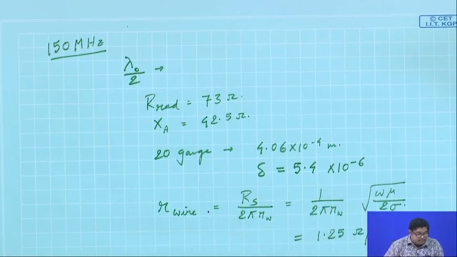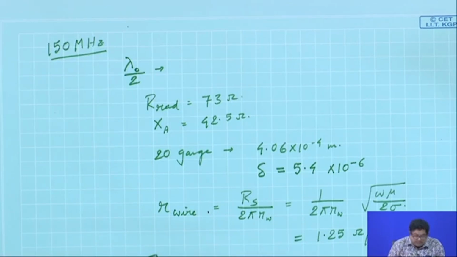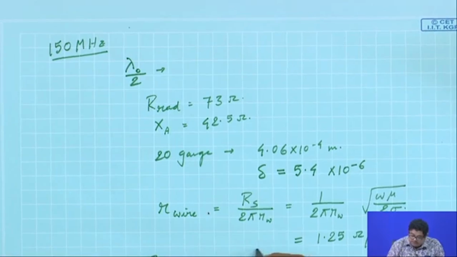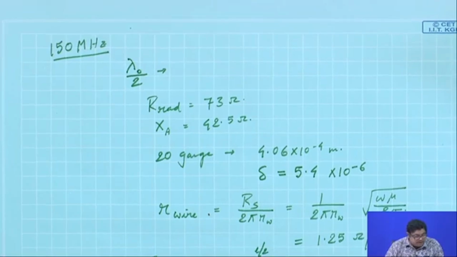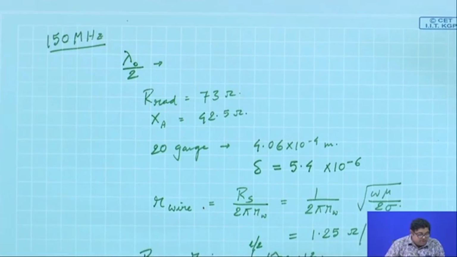The ohmic power loss will be found from that. P_loss, we have already found this expression, R_wire integral from minus L by 2 to plus L by 2 of I(z) square dz.